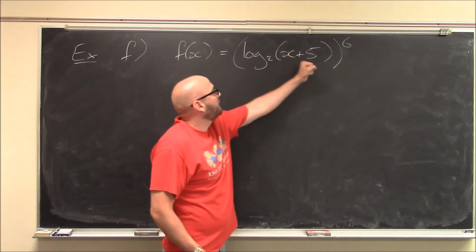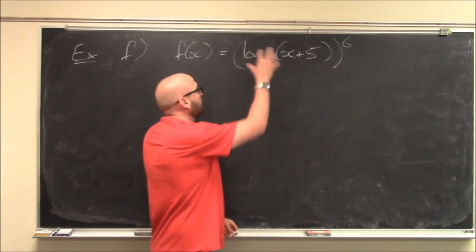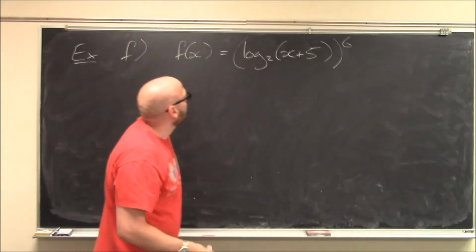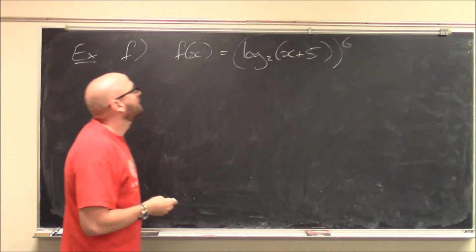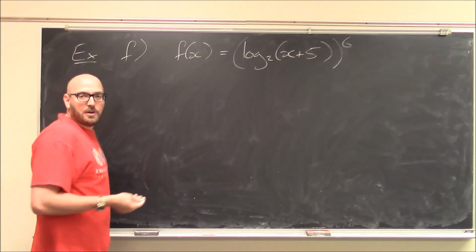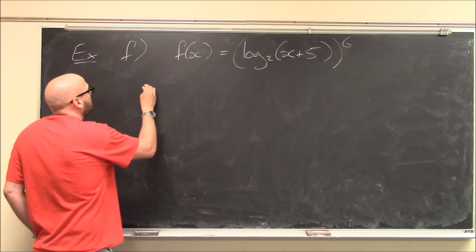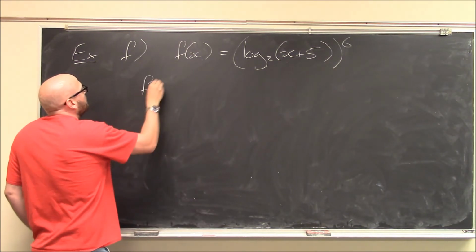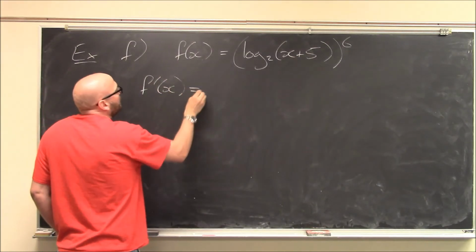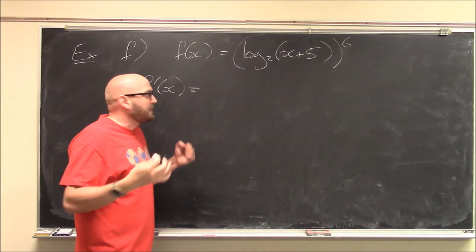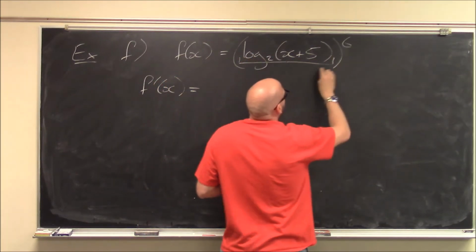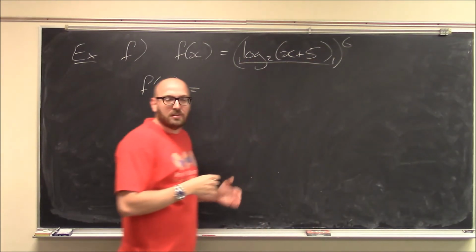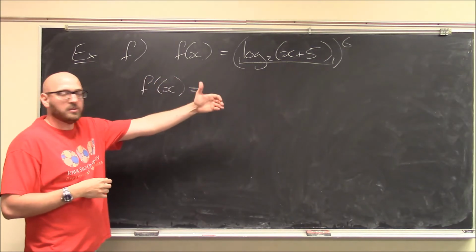We've taken x plus 5 and plugged that into this log base 2 function, and then we've plugged that into something that raises everything to the power 6. So we've got these three compositions going on, and we'll work through this step by step, from the outside in. So what do I have on the outside? Well, it's this function all raised to the power 6.